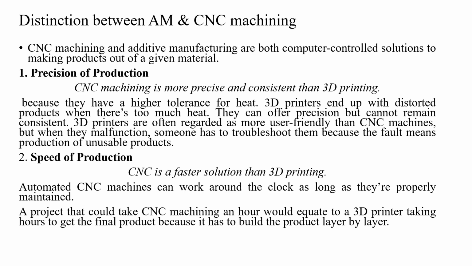For example, if a project takes an hour with CNC machining, the same project may take many more hours with 3D printers, because it has to build the product layer by layer, so it takes more time than the CNC machine.